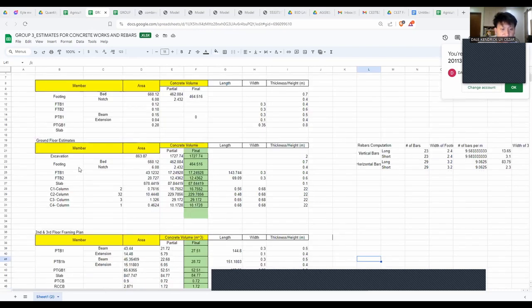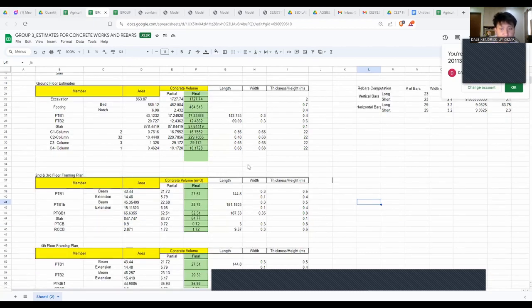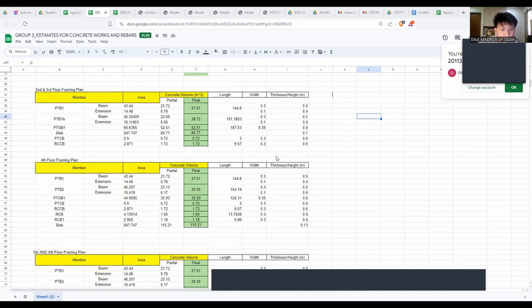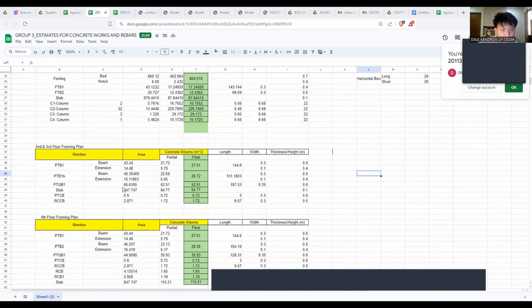For example, the footing, each column, each slab, and the beams. So here you can see the calculations of the volumes, and it is per floor.